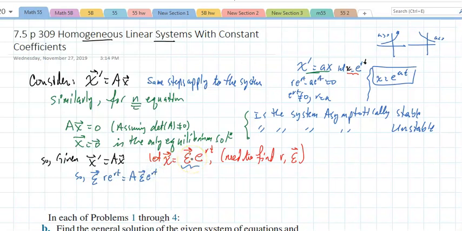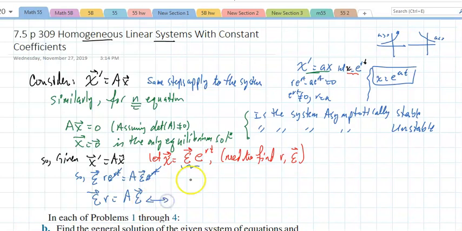If I divide by e to the rt, those eliminate each other. Now I'm looking at a vector times r equaling A times that vector.